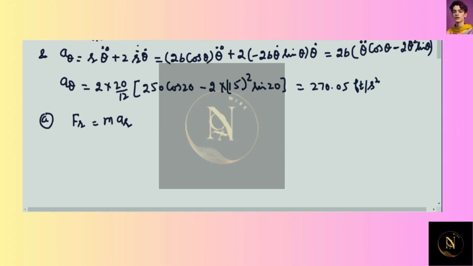Mass is given, weight is given so it has to be converted into mass, so 1 by 4 pound divided by 32.2 feet per second square into radial acceleration, minus 1694.56 feet per second square, so it would be minus 13.1565 pound.